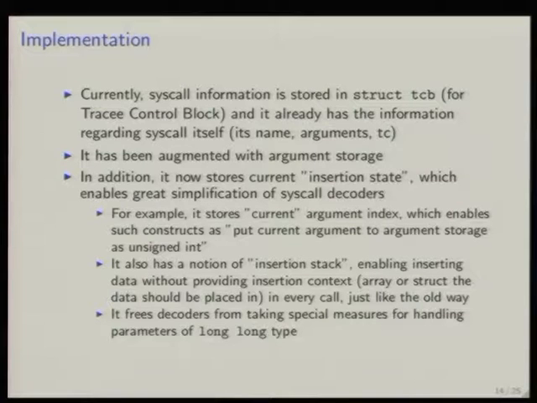For example, some system calls have arguments of type long. On 32-bit architectures, these arguments occupy 2 registers, or double the stack space. On 64-bit architectures, this argument occupies a single register.